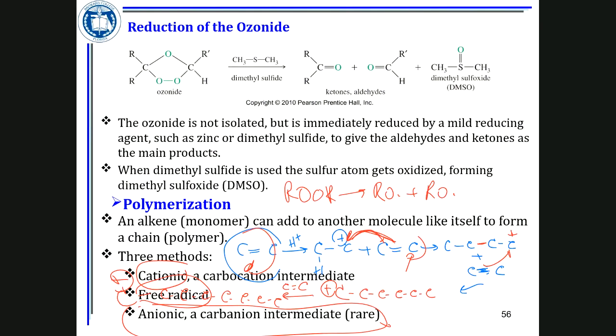When this is added to the CC double bond to begin the reaction, it is going to take only one of these electrons. So you end up with RO, C, and the other carbon will change to a free radical.